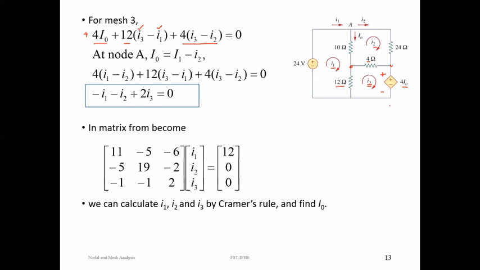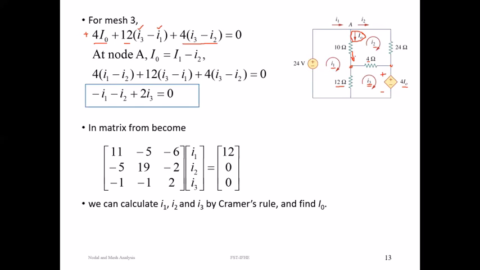Now we have to identify what this I naught is. Can we represent this I naught in terms of mesh currents? You can observe I naught is the current flowing through 10 ohms in the downward direction.